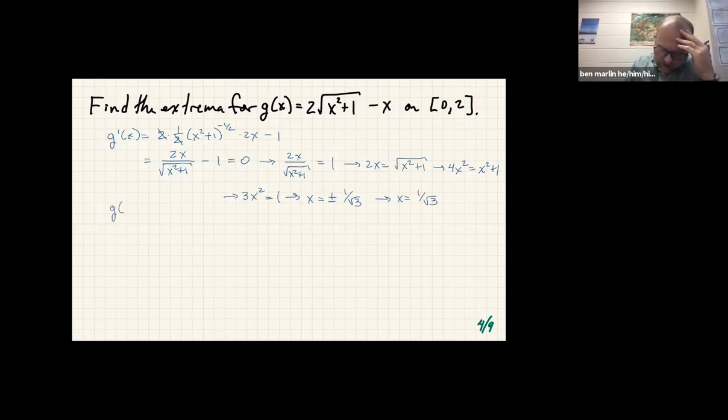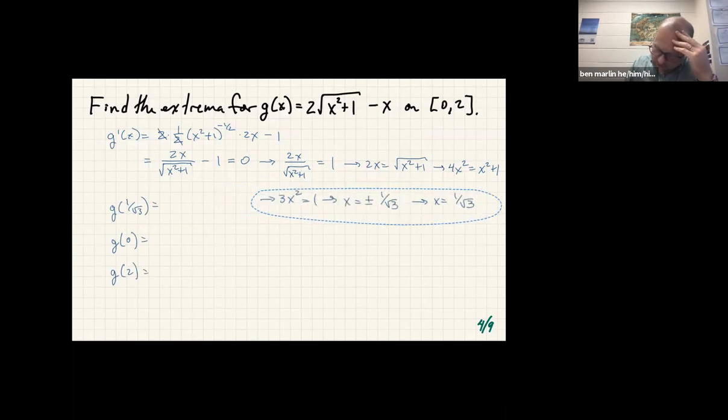Now we plug in g of 1 over the square root of 3, g of 0, and g of 2. Right? So in doing that, I might need a little more space here, so I'm going to shove that out of the way. And we will have 2 times the square root.